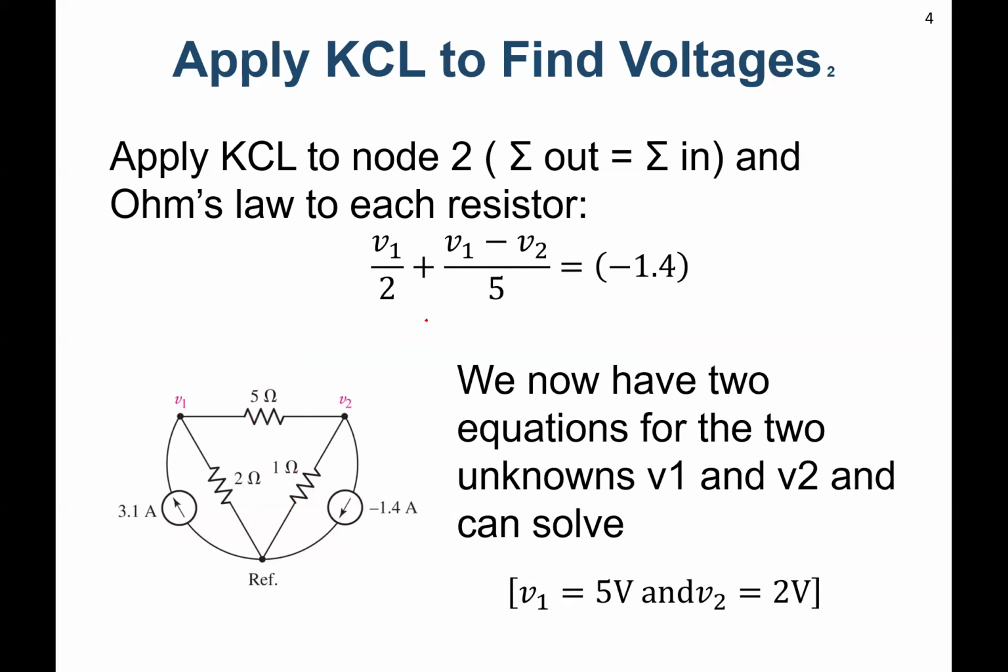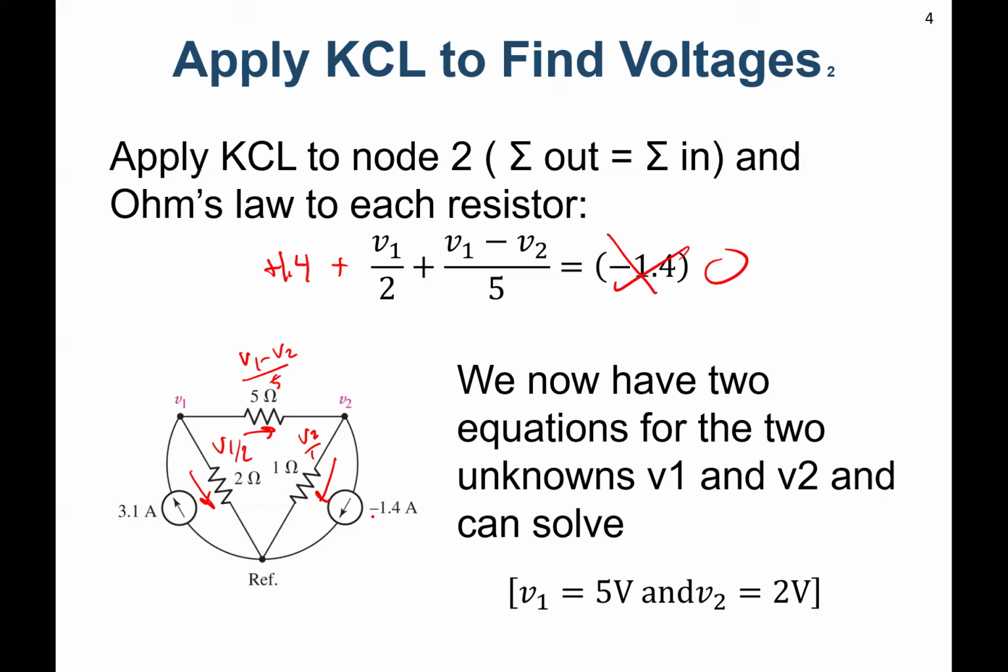Hopefully review. Let's do this one now. So we have this current, this current, this current. So this one was V1 minus V2 all over 5. This one is V1 over 2. And this one is V2 over 1. Now, the current into the node is what? There's no current into the node. So technically, if I wanted to be 100% right, we would call that 1.4 plus all the other currents out of the node, right? Actually, let me back up.